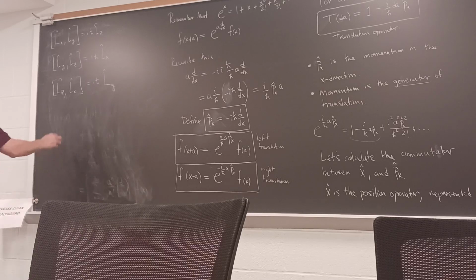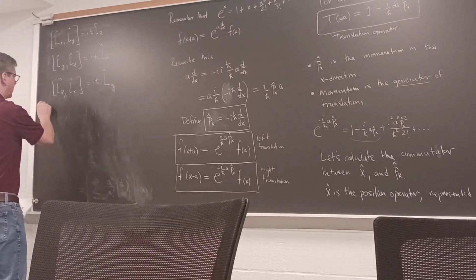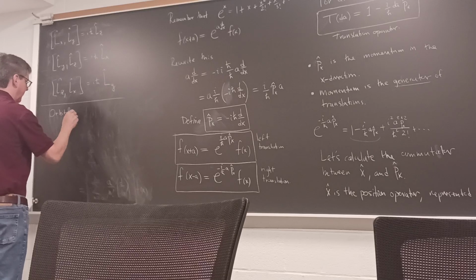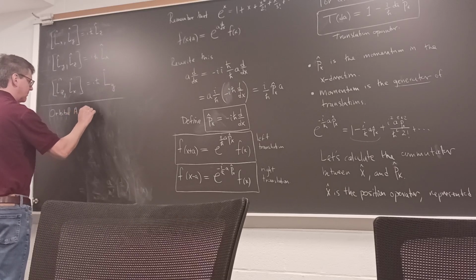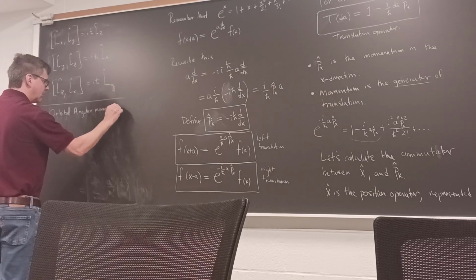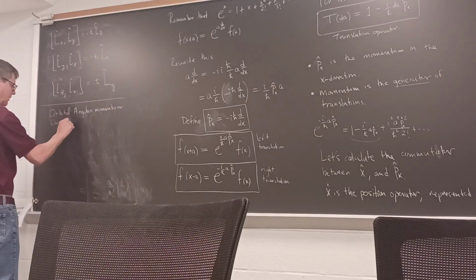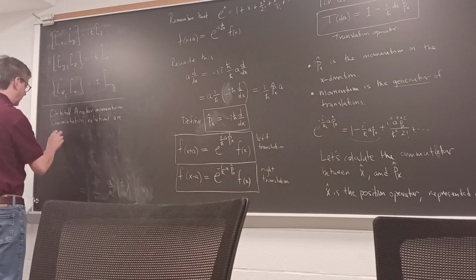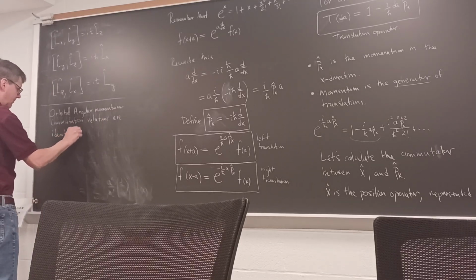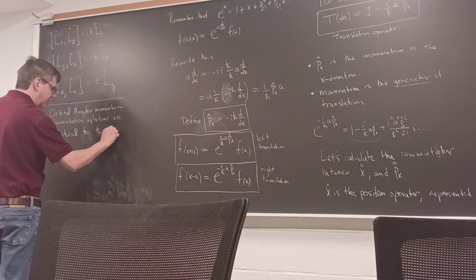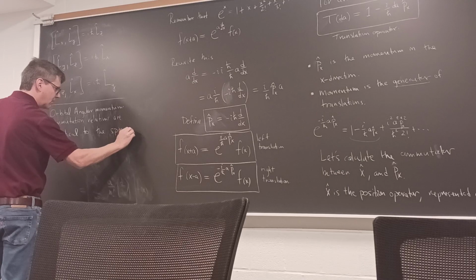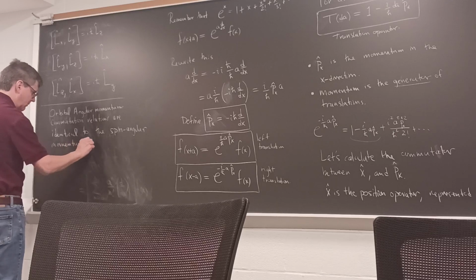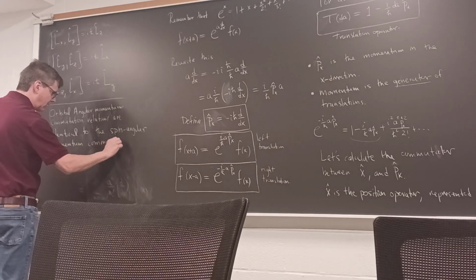Okay, so these are the orbital angular momentum commutation relations, and they are identical to the spin angular momentum commutation relations.